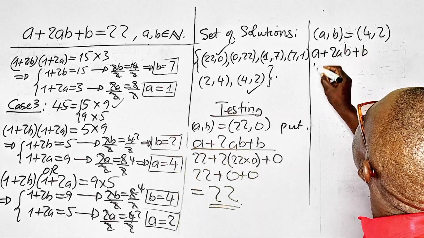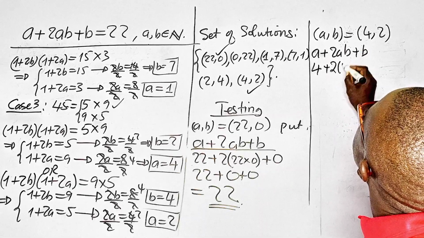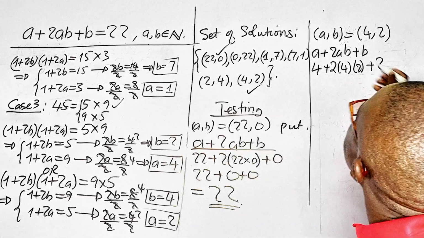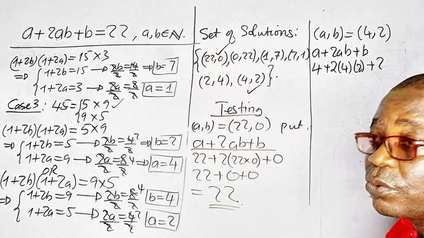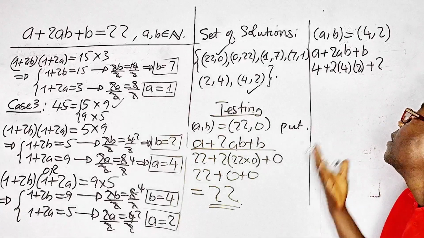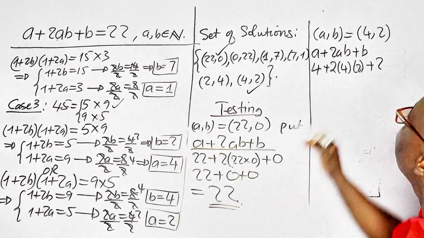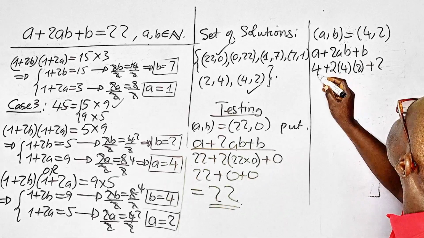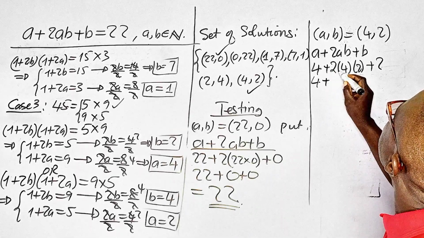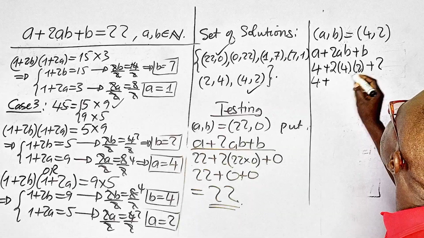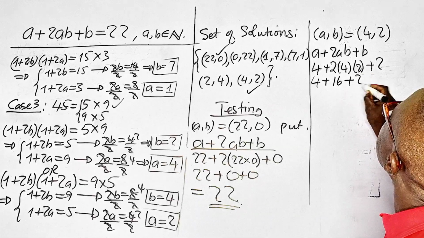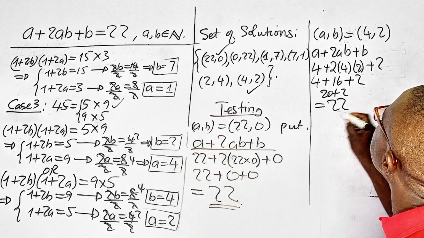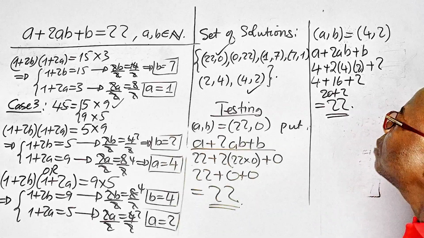Our a is 4. So 2 into 4, our b is 2. Then plus b again, 2. Let us see if this will give us 22. If it gives us 22, then we'll conclude that the values 4, 2 or 2, 4 are correct. Now let's go. We have 4 plus 2 multiplied by 4 is 8, multiplied by 2 is 16. So 4 plus 16 is 20 plus 2, that gives us 22. Okay. So we have shown.